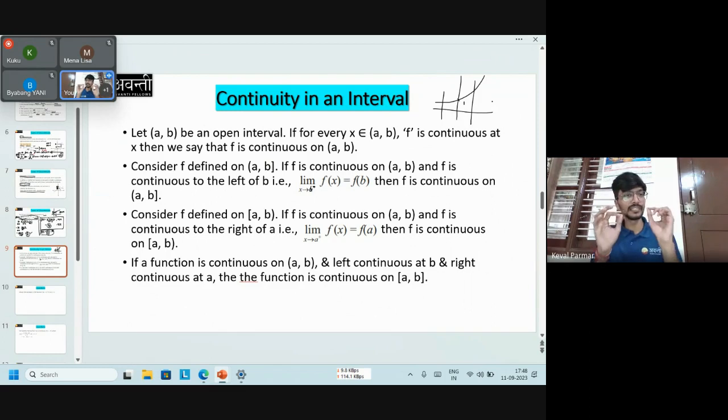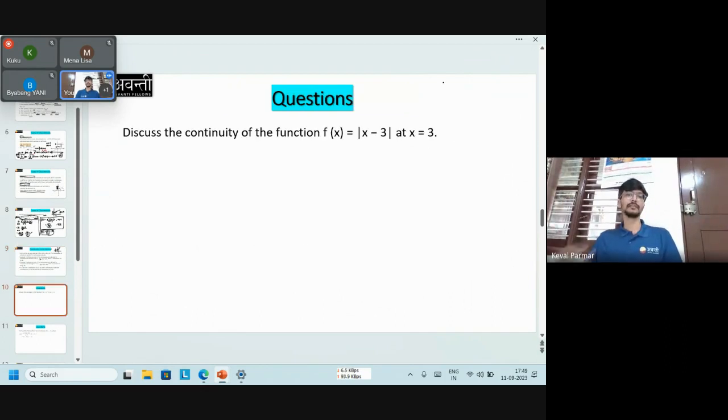Basically, we just check continuity where there is a chance that the function might break. For piecewise defined functions, the function might break where the definition changes, so where the definition changes, we check continuity at that point. Got it?